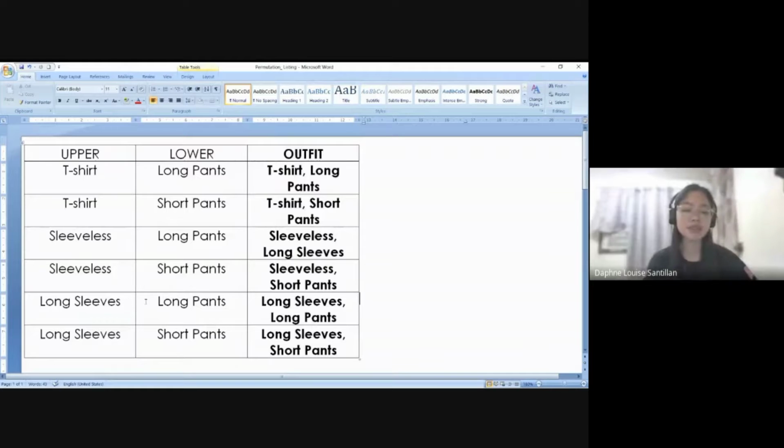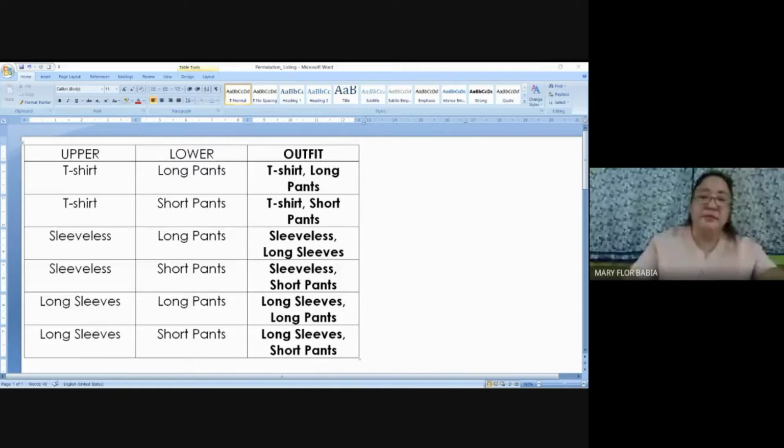Long sleeves plus long pants, long sleeves with long pants. And lastly, long sleeves plus short pants, long sleeves and short pants. My favorite outfit from these 6 choices is the t-shirt with long pants.